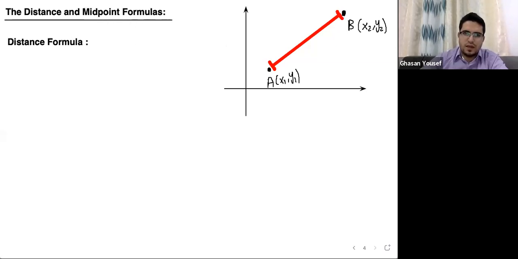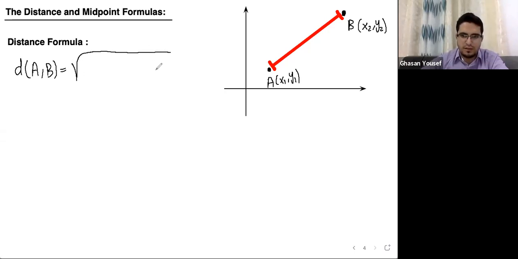To find the distance, we have a formula. The formula says the distance d, between the points A and B, is equal to the radical of (x2 minus x1) squared plus (y2 minus y1) squared.